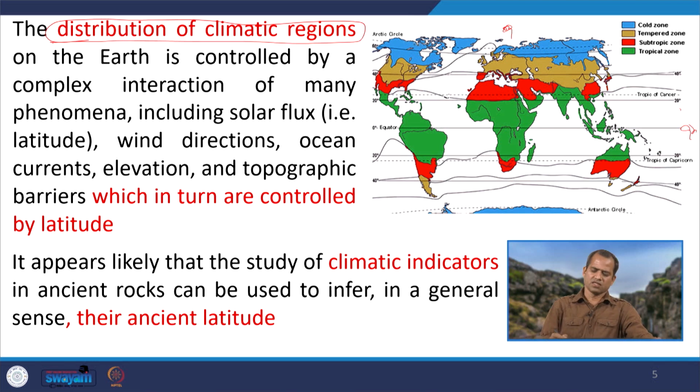So, this latitudinal classification, like cold zone, then temperate zone, then subtropical zone, then tropical zone, and the sedimentary rock products, are characteristics of this climate. Their distribution says that once upon a time these regions were not here, or not in the proper climatic zone where they are lying now.